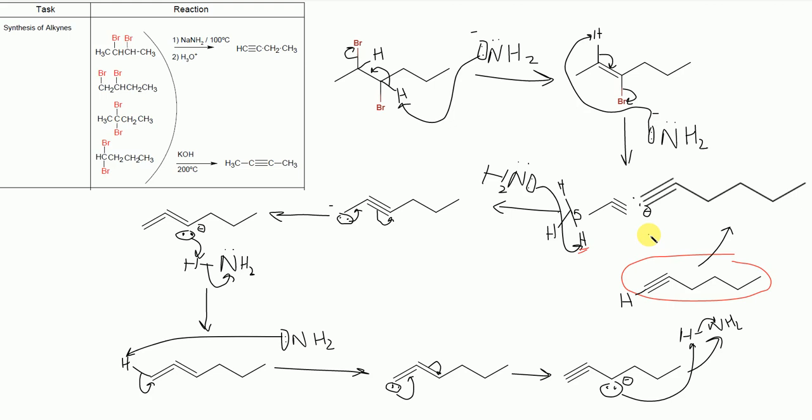Right, I have this fixed negative charge on the edge of this alkyne, and so when I do that, you don't have to really know this, but this is the reason why it continues to form this as the major product: I am taking these terminal alkynes out of the equilibrium.